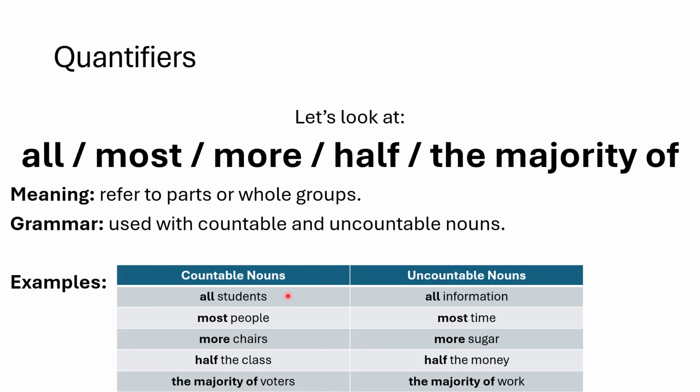All students, most people, more chairs, half the class, the majority of voters. Here are some uncountable noun examples. All information, most time, more sugar, half the money, the majority of work.